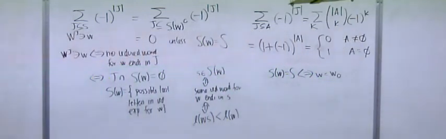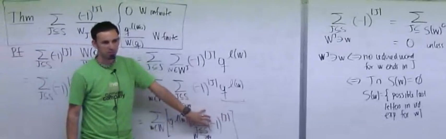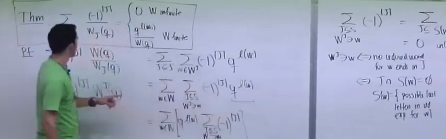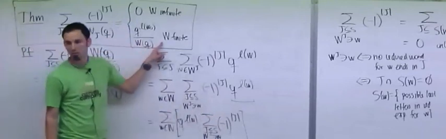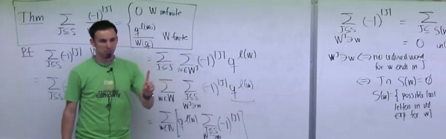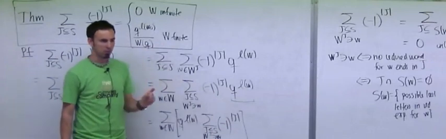So what am I saying here? If W is infinite, then there is no such thing as the longest word, and that means that all of these guys are 0, and that means that the sum is 0. Now, if W is finite, then all of these terms are 0 except for one of them, the one for the longest word.